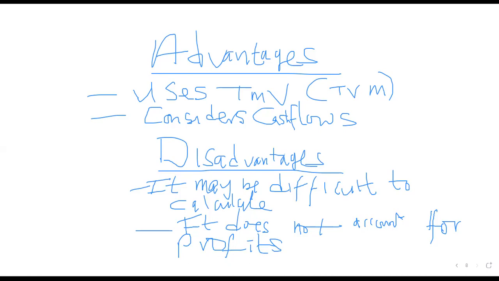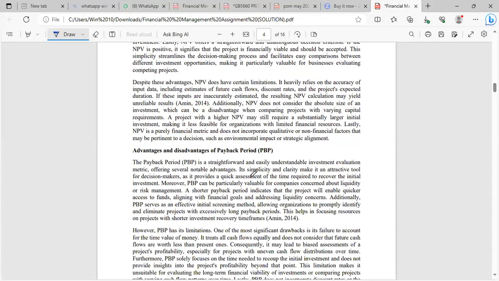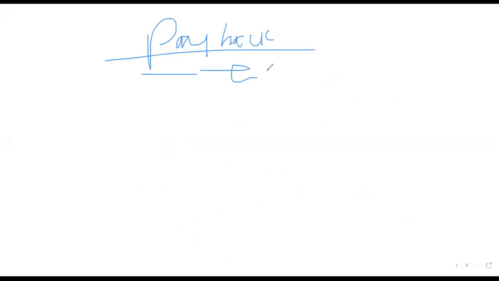So this is just about getting to the payback period. It is very easy to calculate. Advantage of payback: easy to calculate. Considers cash flows as they come.